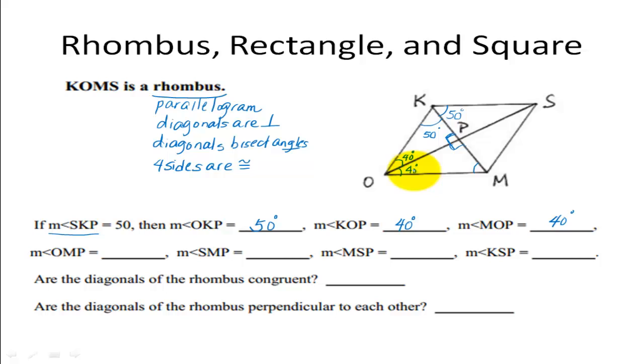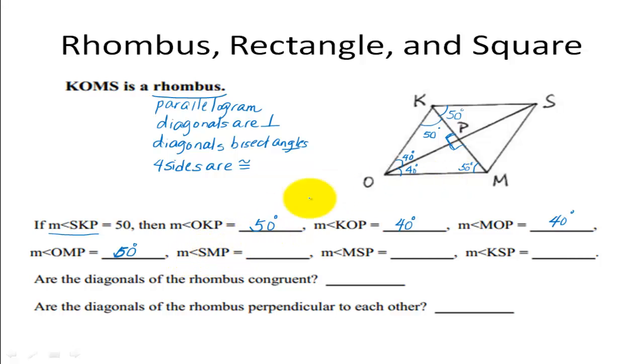So that means that 40 plus 90 is 130, and this has to be 50 because they have to add up to 180. Another thing you could have done there to figure out what the measure is, is opposite angles in a parallelogram are congruent. So if this is 50 and this is 50, then these two also have to be 50, okay?